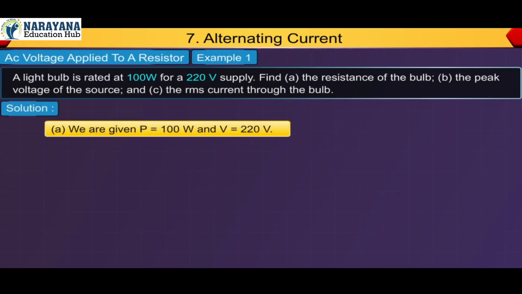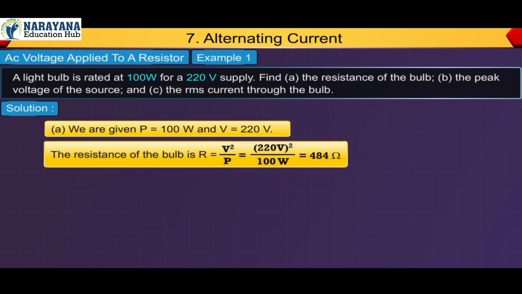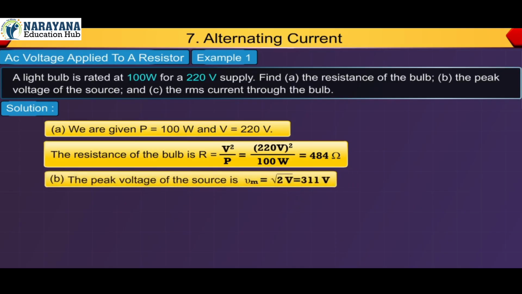Solution. A. We are given P = 100 watt and V = 220 volt. The resistance of the bulb is R = V²/P = (220 volt)²/100 watt = 484 ohm. B. The peak voltage of the source is Vm = √2 V = 311 volt.